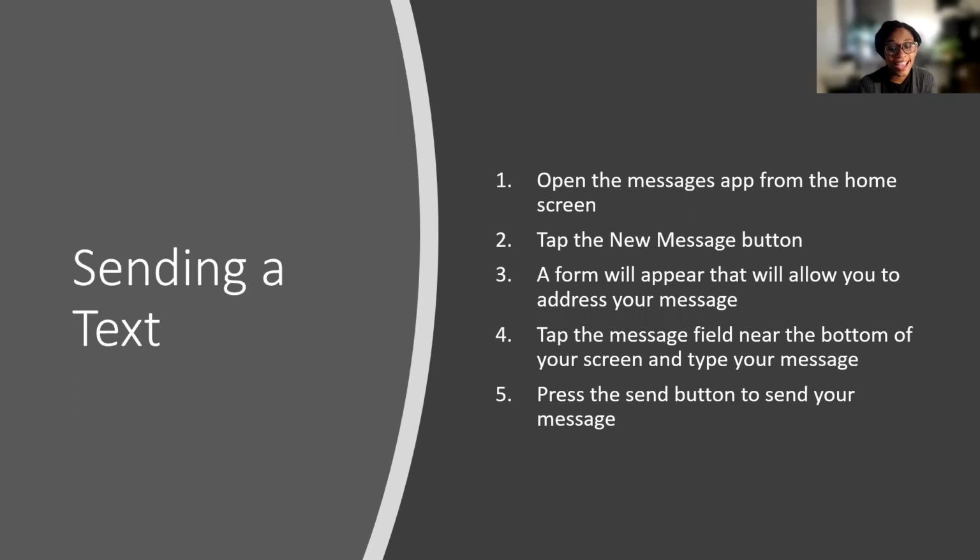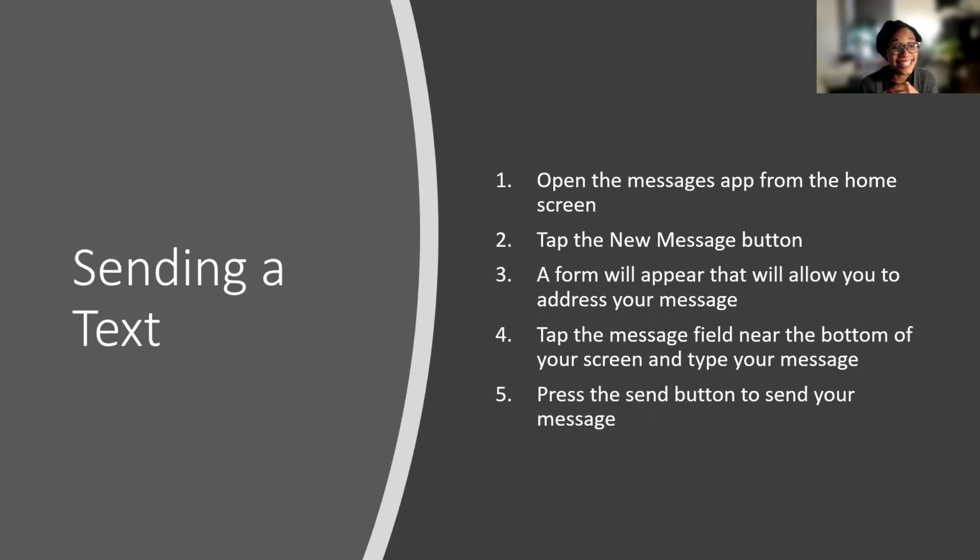To write a text, you'll tap on the message field near the bottom of your screen and type your message. And then you'll send the message by pressing this send button, which looks like a blue arrow pointing up on the right edge of the message field.